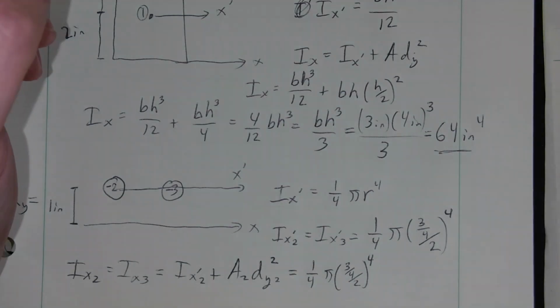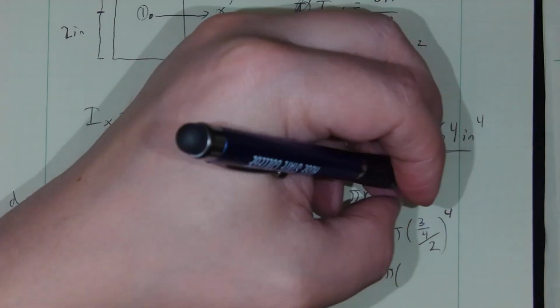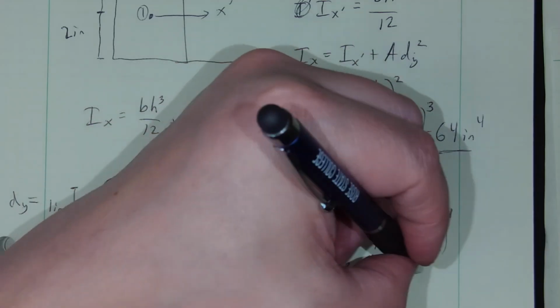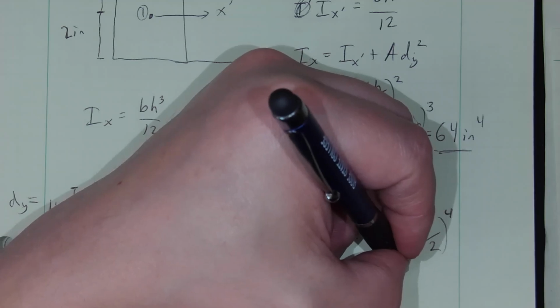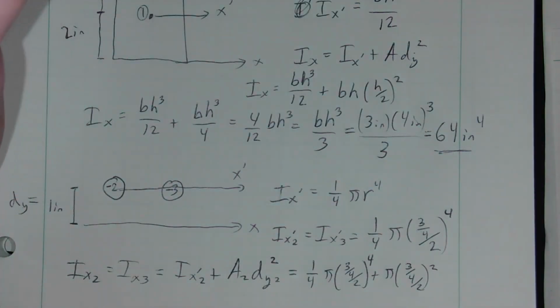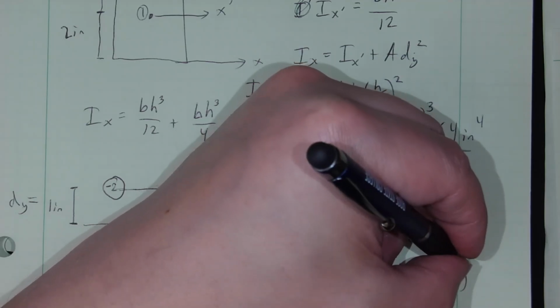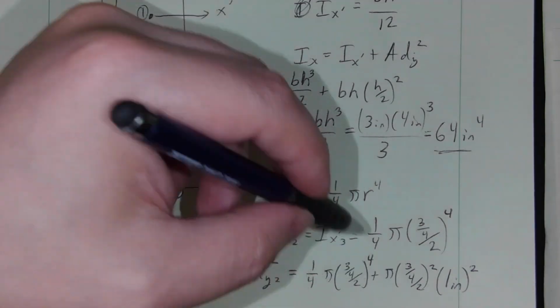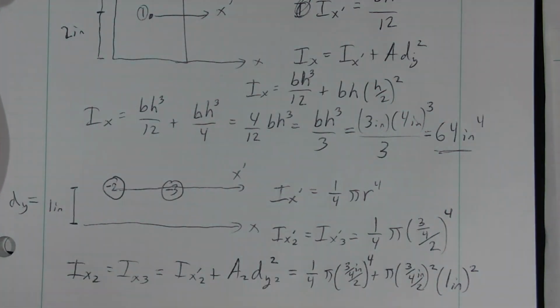That's going to get raised to the 4th power, plus pi times, the area is pi r squared, so pi times 3/4 divided by 2, and that's going to get squared, and then multiplied by 1 inch, also squared. These 3/4 are all inches. Okay, let's run numbers. Be right back.